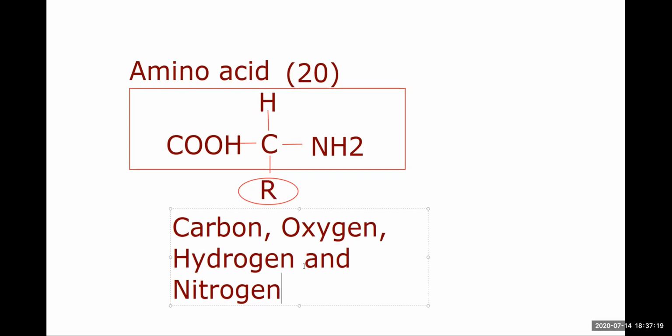These atoms undergo chemical bonding to make up an amino acid. Likewise, for nucleotide and glucose, you need to draw the chemical structure and figure out which different atoms come into chemical bonding and form a particular molecule.